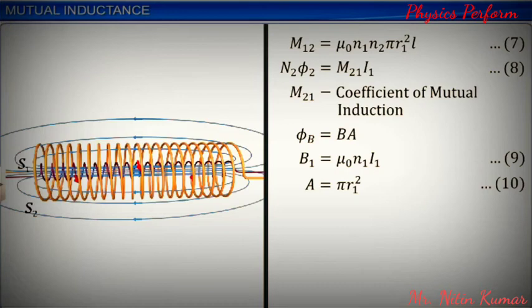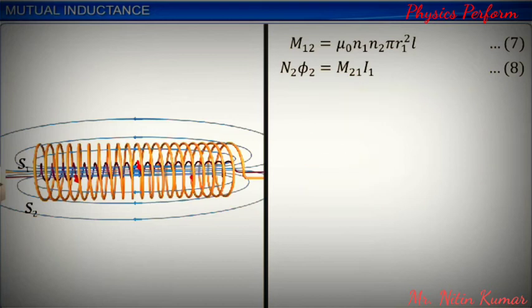On multiplying equations 11 and 12 and simplifying the right-hand side, we get the equation N2 phi2 is equal to mu naught N1 N2 pi R1 square L I1. Let this be equation 13.